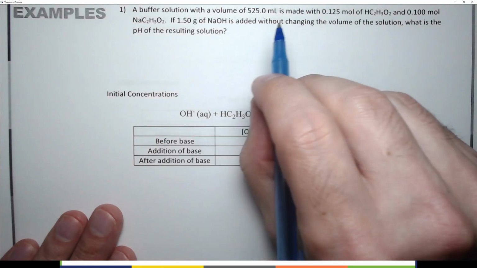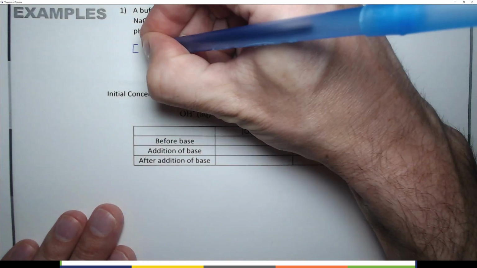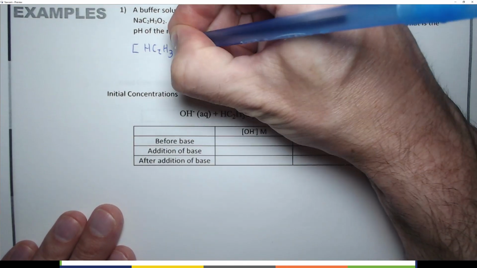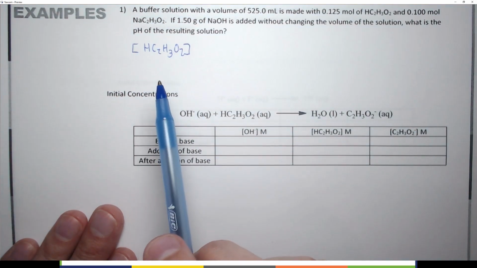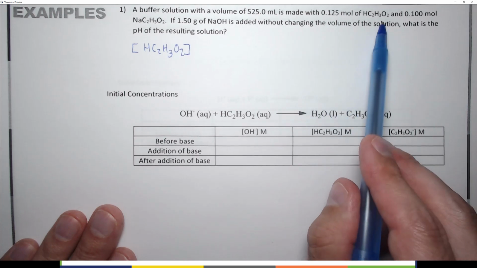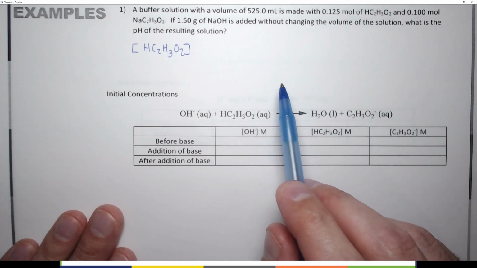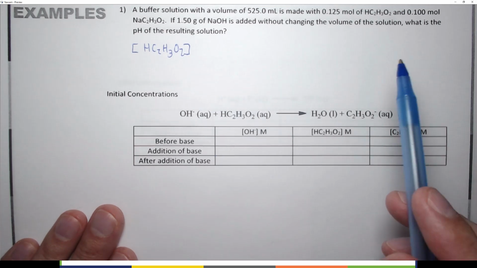So in order to do that, the first thing that I need is the concentration of HC2H3O2. Note that it does not matter at all which order you do these in, but I'm going to do this one first just because it came first. Remember, we need molarity, or concentration, moles per liter.